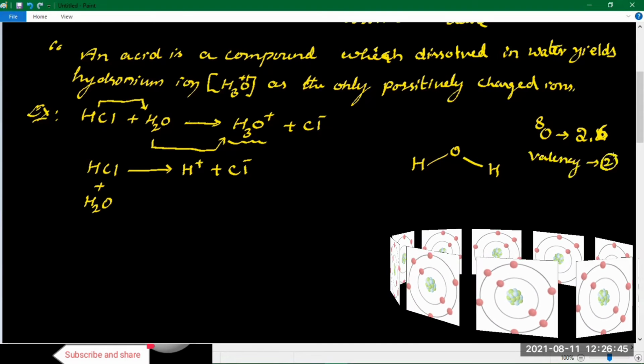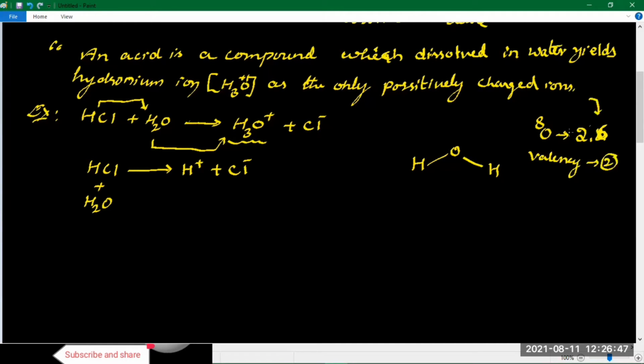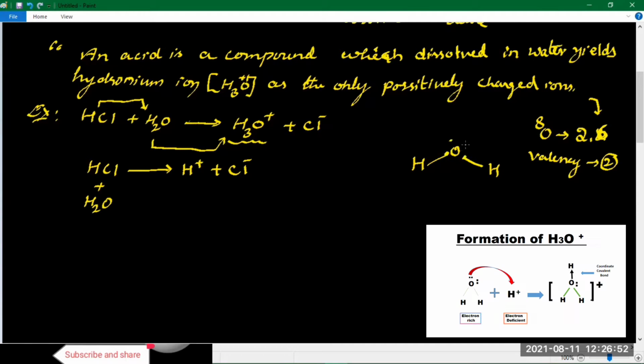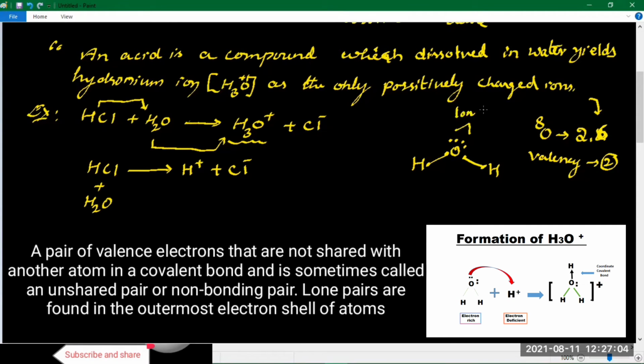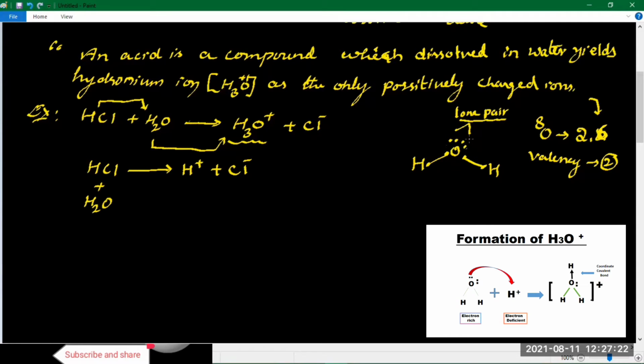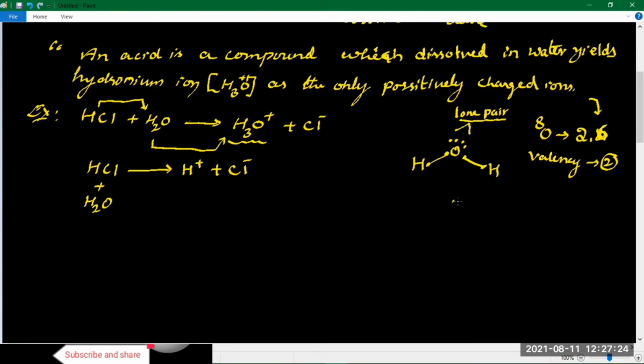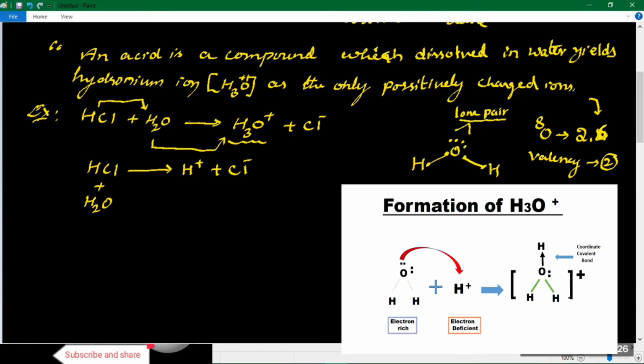Why? Because 2 more electrons are needed, shared with neighboring atoms, to become stable. Out of the 6 electrons present in oxygen, 2 electrons are shared with 2 hydrogen atoms, and there will be unshared electrons. A pair of electrons which do not take part in chemical bonding is called a lone pair. Here in oxygen there are 2 lone pairs. So the oxygen of water contains 2 lone pairs.